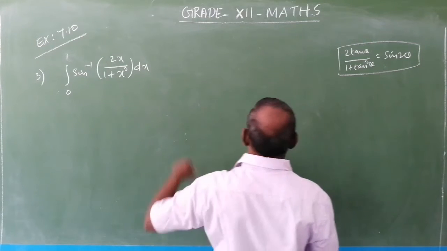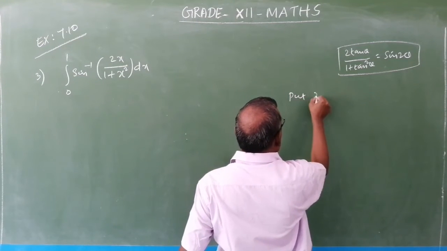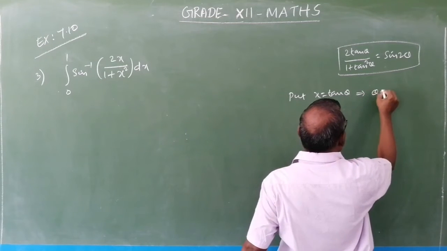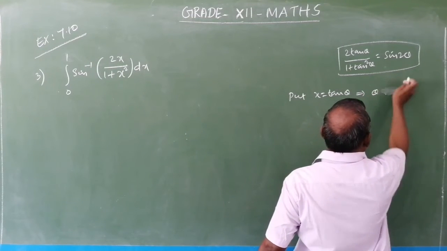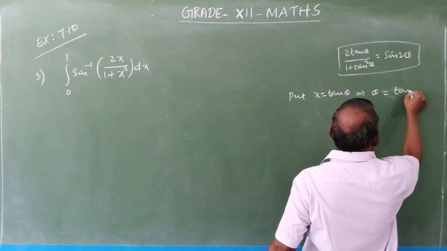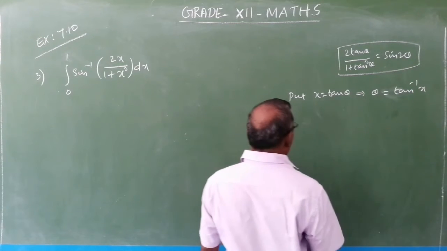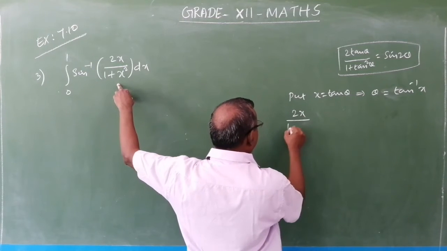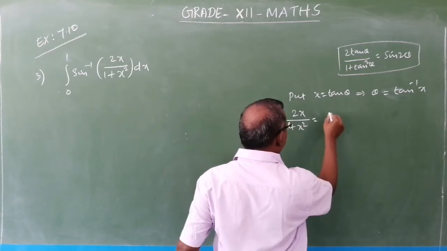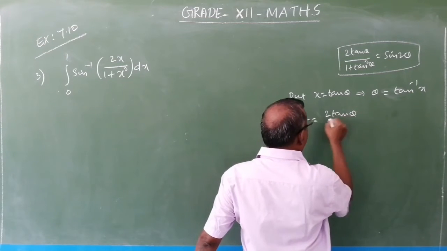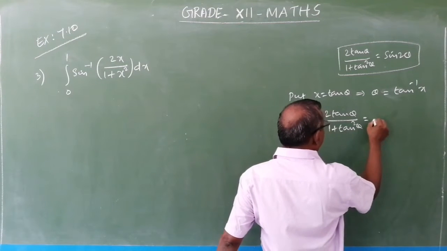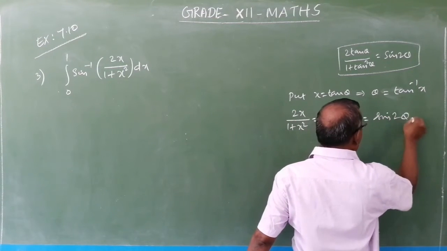Using this, put x equal to tan theta. So, theta equal to tan inverse of x, and therefore 2x by 1 plus x square will be 2 tan theta divided by 1 plus tan square theta, which is equal to sin 2 theta.